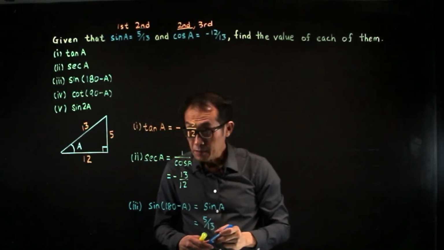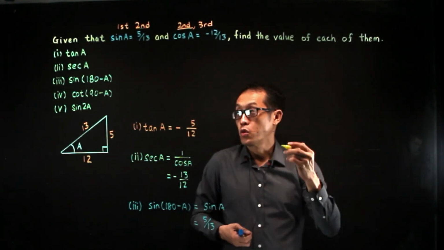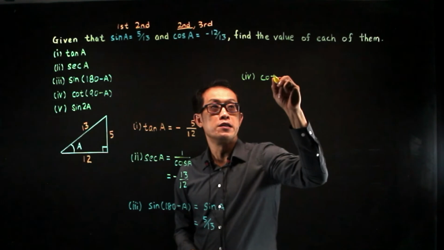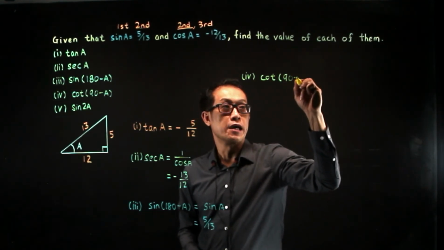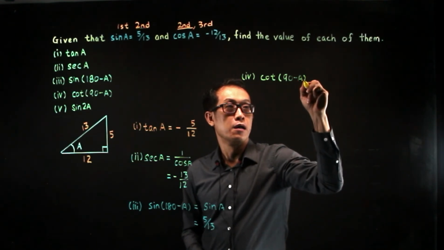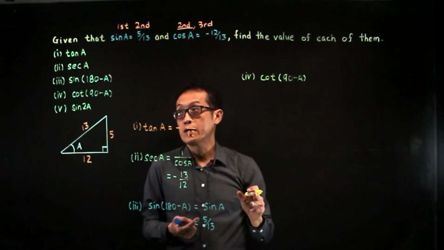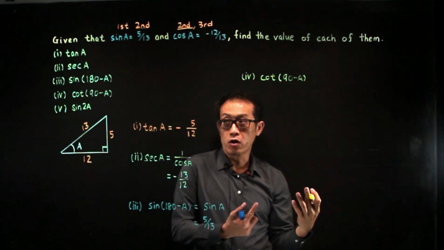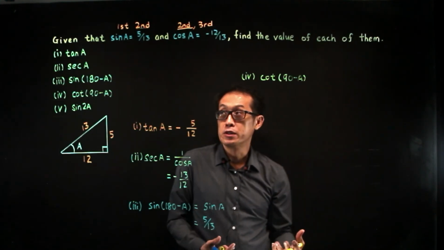Next, we need to find cotangent of 90 minus A. What is cotangent of 90 minus A? We learned earlier that sine and cosine are complementary, and tangent and cotangent are complementary.